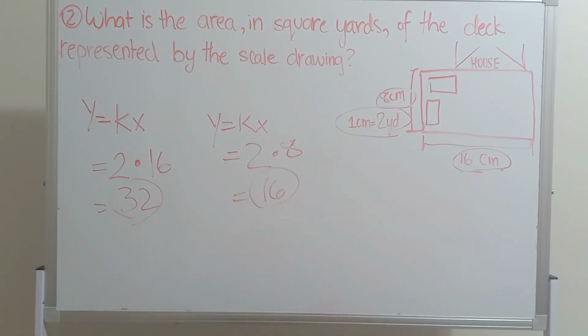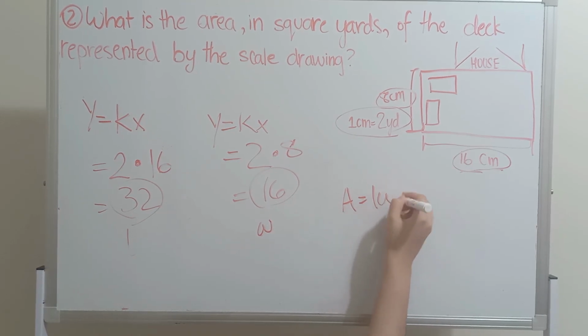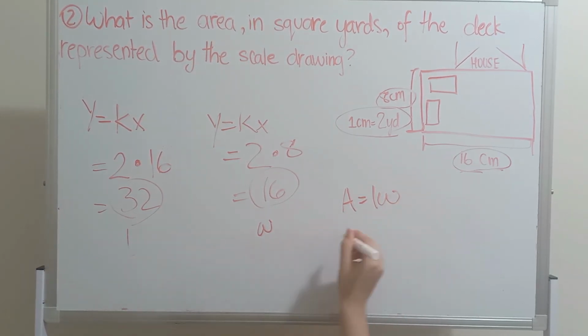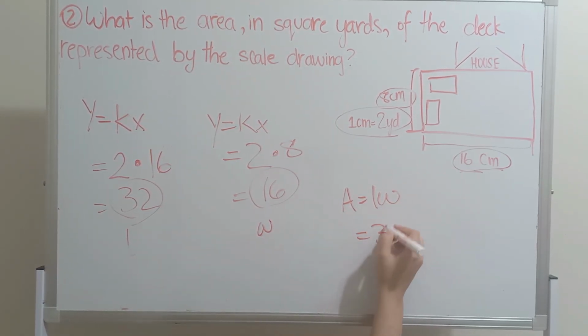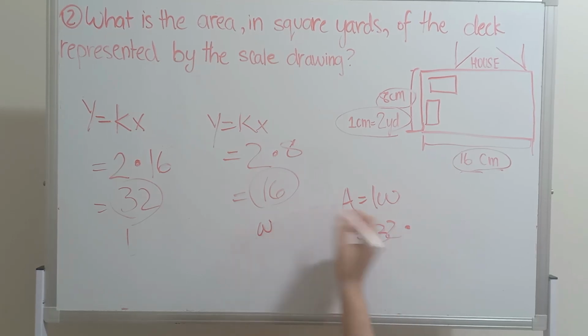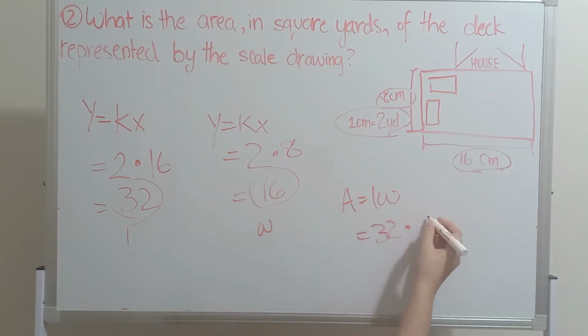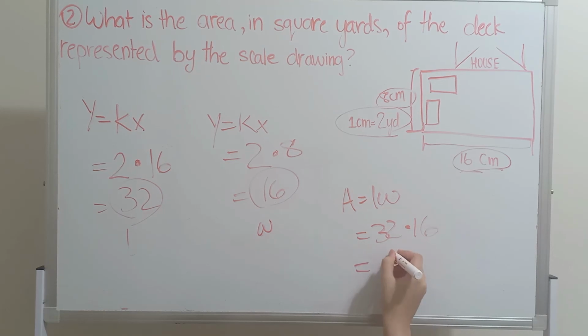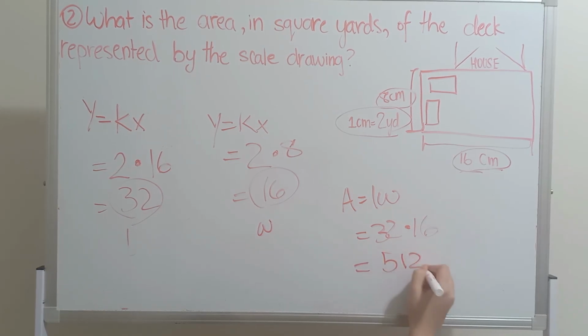That is our actual width. The formula for area is length times width, so we plug in 32 times the width, 16. The answer is going to be 512.